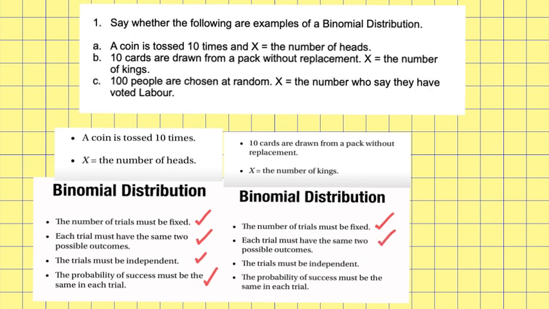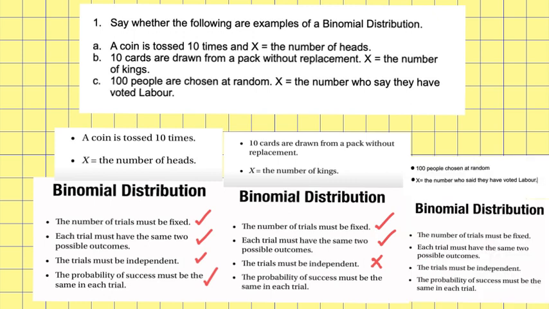You either get a king or you don't get a king. The third, the trials must be independent. Well, because the cards are not replaced after they've been picked, the trials are not independent. So in this case, you cannot use the binomial distribution because the trials are not independent.